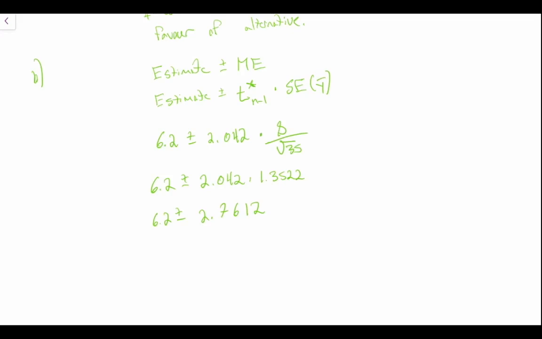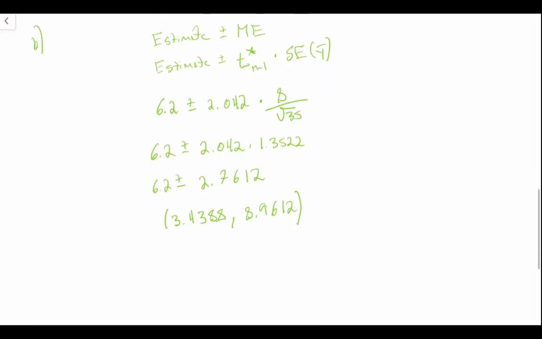So 6.2 minus 2.7612 gives us 3.4388. And 6.2 plus 2.7612 gives us 8.9612.